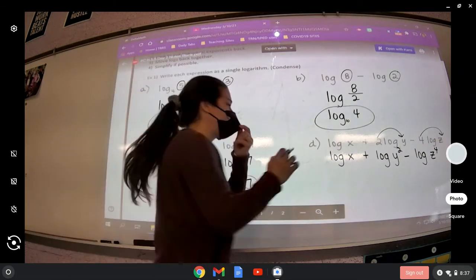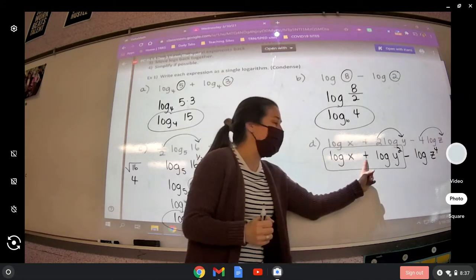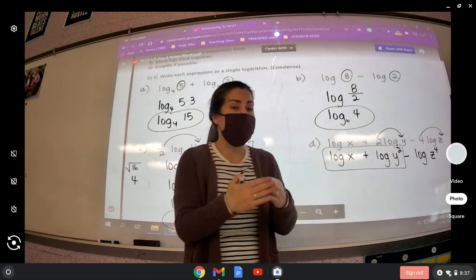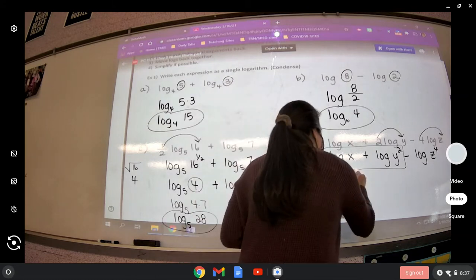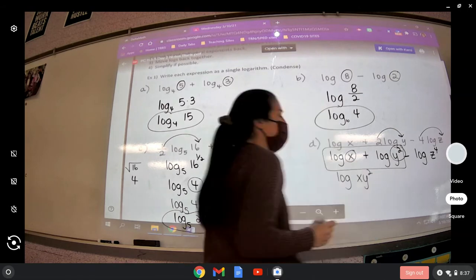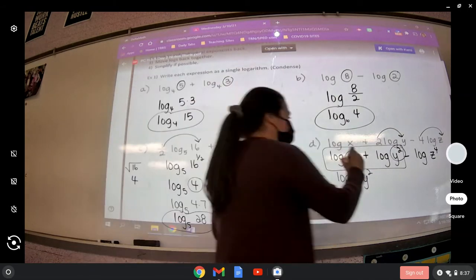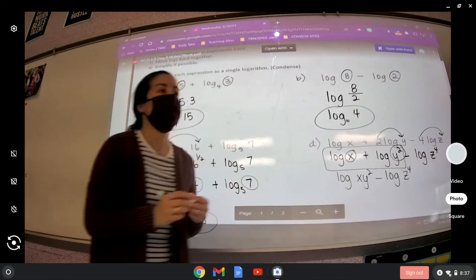All right, so now let's grab 2 logs. These 2 logs are separated by addition, which means they can go back together using multiplication. So that'll be 1 log of x times y squared is xy squared. And then we're still subtracting the log of z to the 4th.